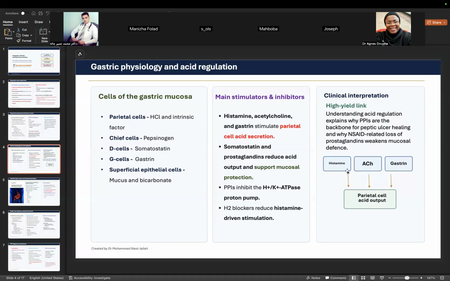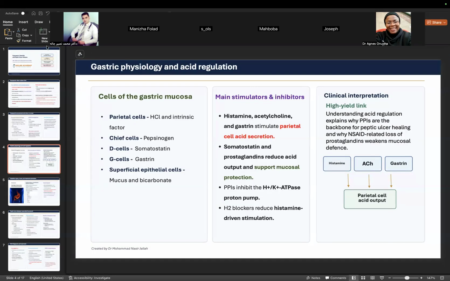For example, histamine, acetylcholine, and gastrin, all three of them are increasing the parietal cell acid output, and they cause what? Hyperacidity.